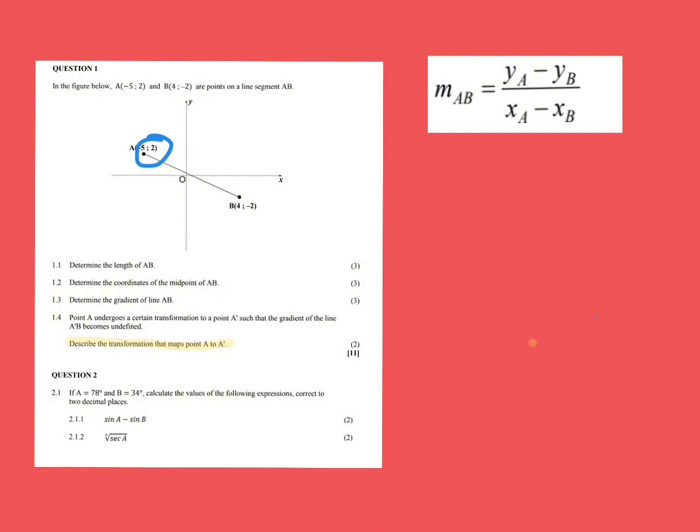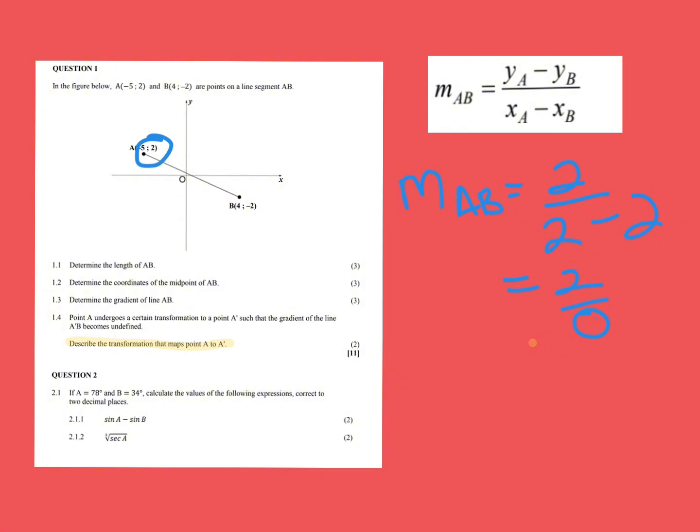Now, when do we have a gradient being undefined? That would be if we were dividing by 0. Remember, we cannot divide by 0. So in a case like this, it would be undefined.